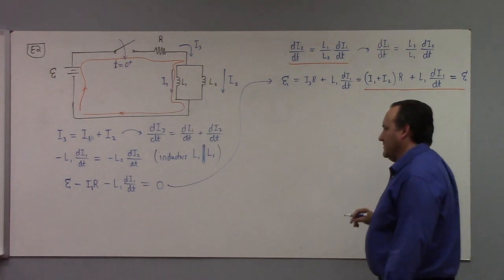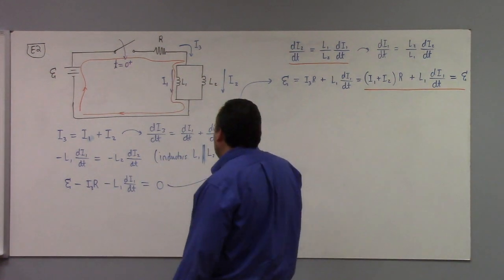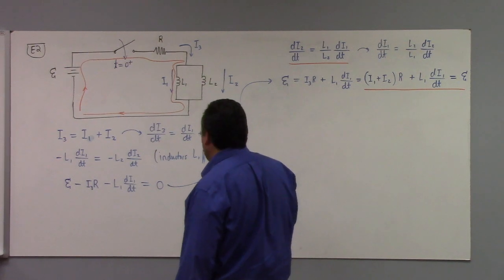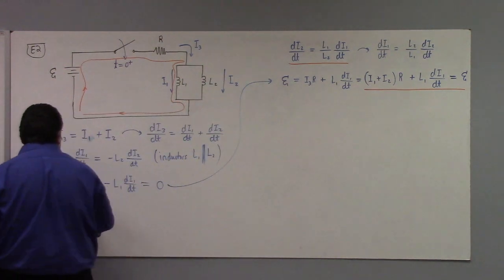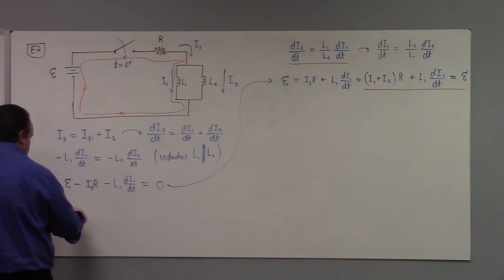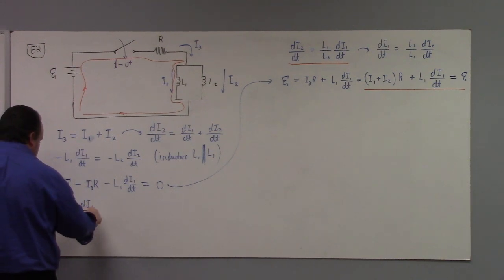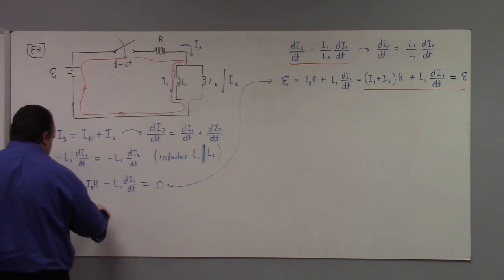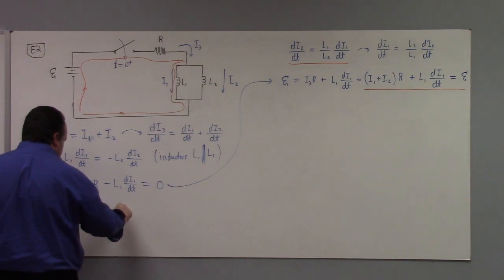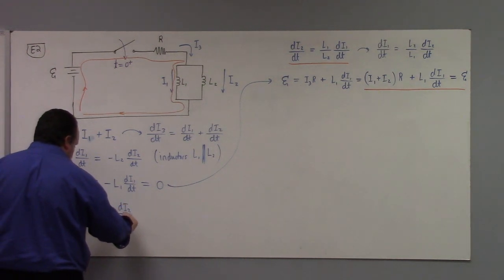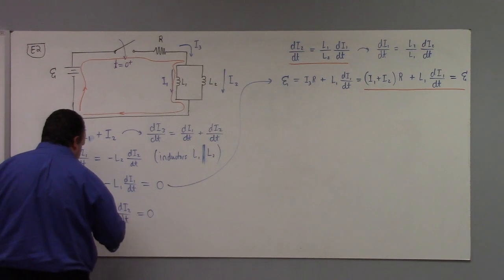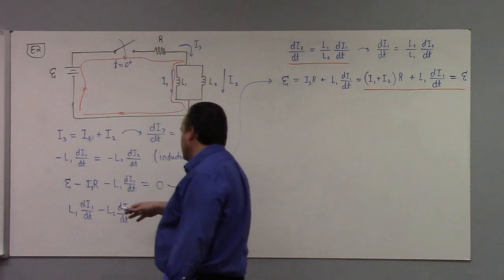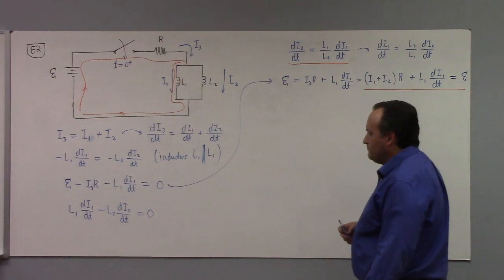Well, let's see here. Another thing I might try is L1 di1 dt minus L2 di2 dt. The fact that this is equal to 0 means I can play games with that as well.